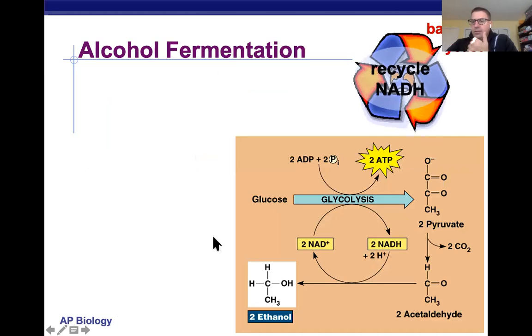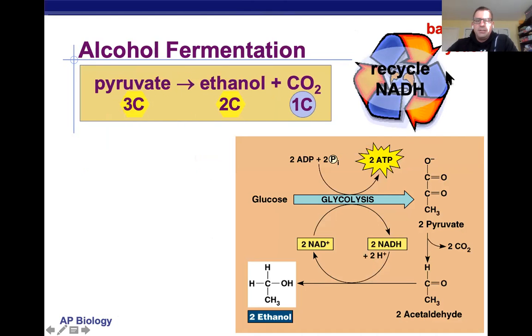Okay, so real quick, let's take a look at the alcohol fermentation that occurs in bacteria and yeast. We're going to start with pyruvate, right? Because that was the final product of glycolysis, and we're going to end up generating ethanol and carbon dioxide through this alcohol fermentation process.